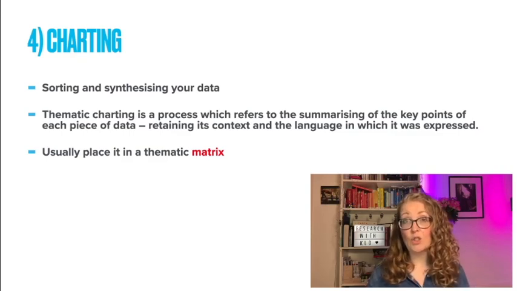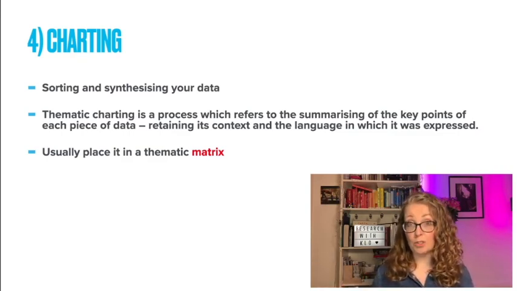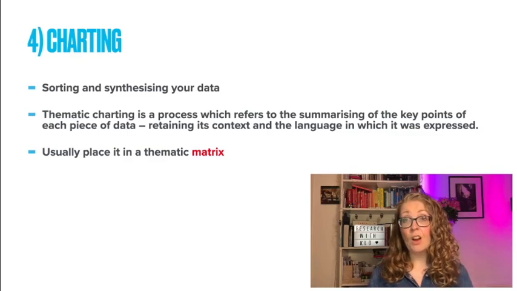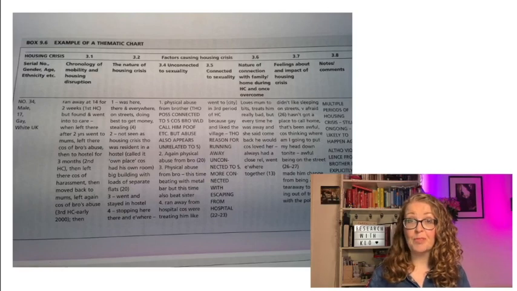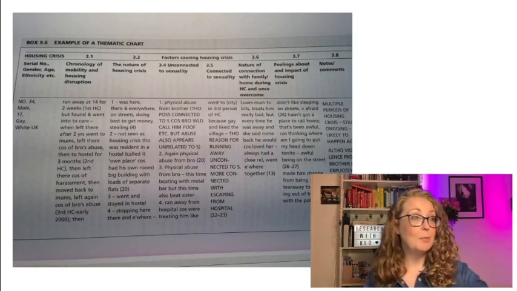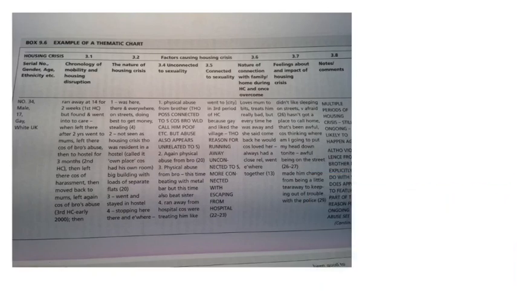You don't want to get too far away from your data. Often we'll place this into a thematic matrix, and this is where something like Excel or some form of spreadsheet becomes very useful. So again, taken from this book, this is an example of a thematic chart, still drawn from the same study about housing in lesbian and gay youth.